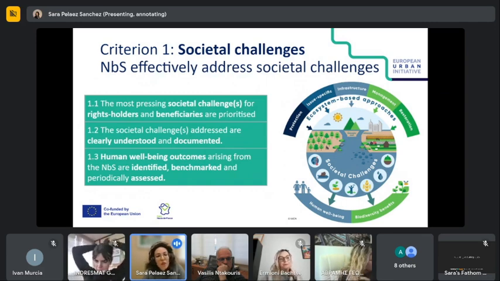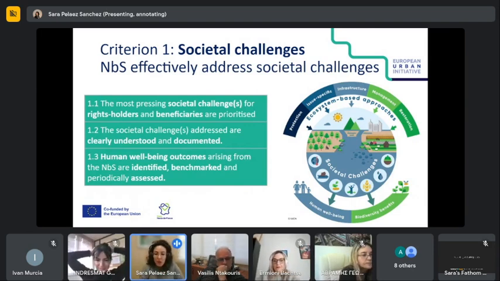This criterion has 3 indicators. The first one, 1.1: the NbS needs to respond to at least one or more specific societal challenges, in which the most pressing societal challenges for rights holders and beneficiaries are prioritized.